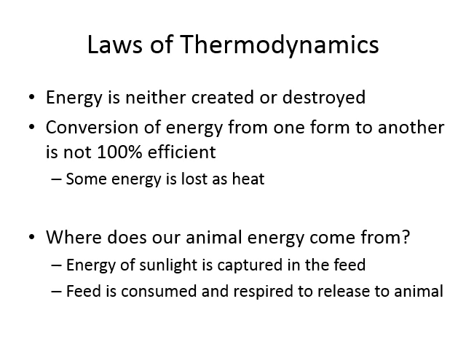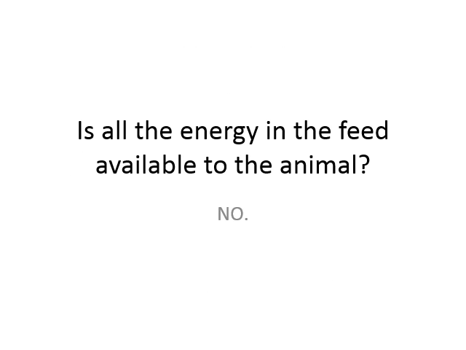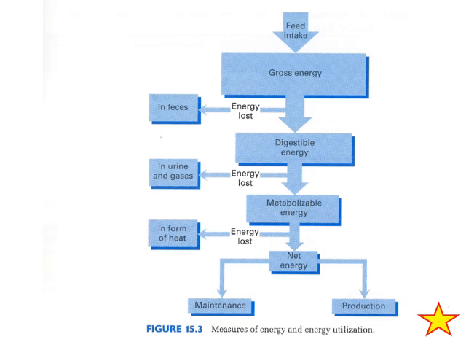Where does our animal energy come from? Energy of the sunlight is captured in the feed. That's photosynthesis. Feed that's consumed and respired releases energy to the animal. Respiration. So again, the carbon cycle. When we get to all of the energy in a feed, if we can measure all that energy, is all of it available to the animal? No, it's not. At the end of lecture 10, we introduced this diagram.